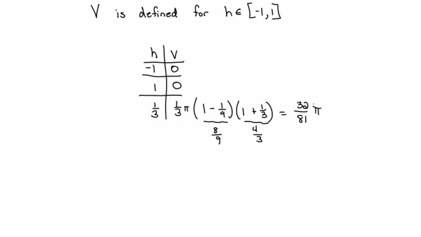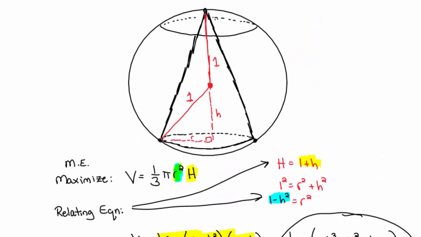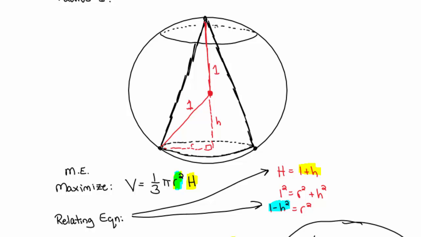So that is actually the maximized volume. We know that that is the maximum value of these possible values. The minimized values are occurring when h is -1 and 1. But we know we can maximize the volume of this cone as long as we let h be 1/3, or in other words, this total distance here be 4/3.